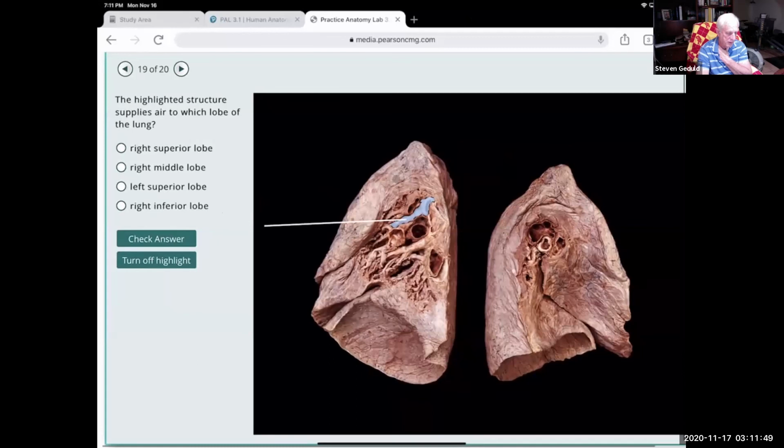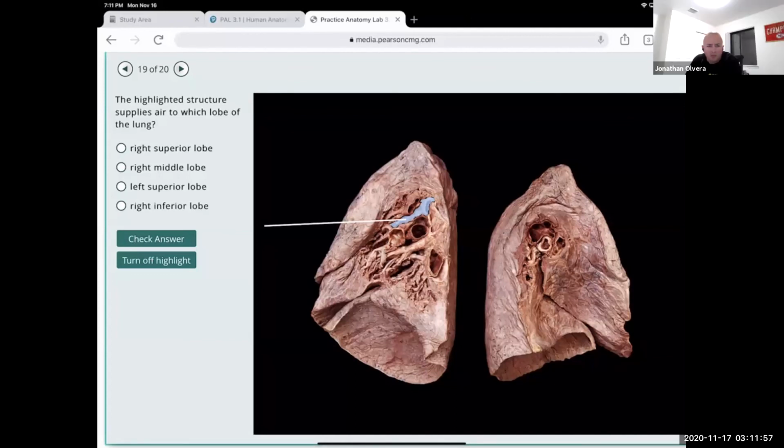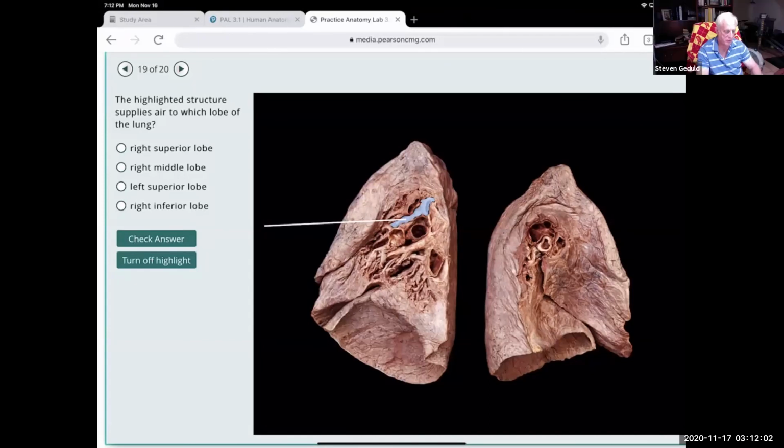So here's the superior, here's the middle, here's the inferior. Where is that going to supply air to? Superior. Okay, here's the superior section, here's the middle section. So let's go with superior. It's either superior or middle, but it looks like the superior. Yep, perfect. Knew it all the time, right?